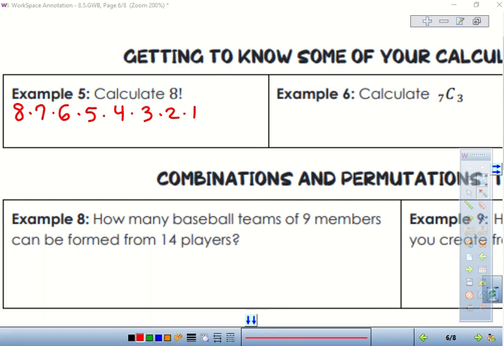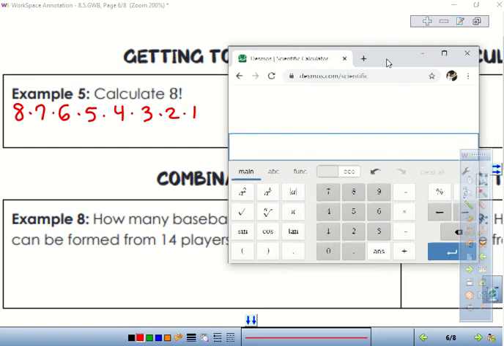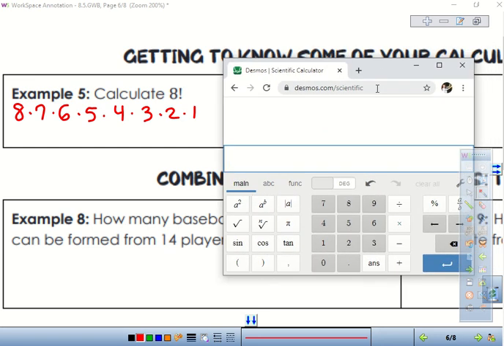So that's why it's useful to have a calculator. Now, this is a calculator everybody has access to. You can do it on a phone or a computer. desmos.com/scientific. Everybody will have access to this on their phone. And if you have a hand calculator, that will also work as well.